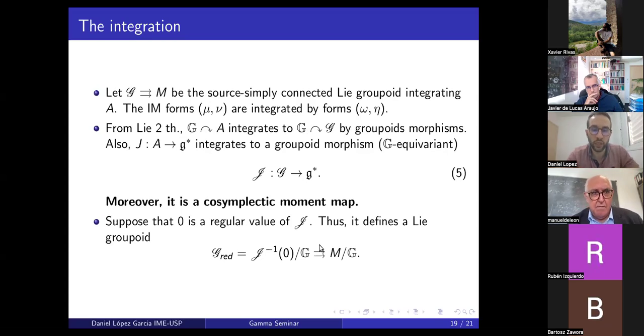For this reason, you can consider this quotient as a smooth manifold, and it inherits these structural maps of groupoids, because these maps are groupoid morphisms. And by using the Marsden-Weinstein theorem for cosymplectic groupoids, you define a cosymplectic structure here. It is also possible to prove that this omega red and this eta red are multiplicative. In this sense, this is a cosymplectic groupoid.